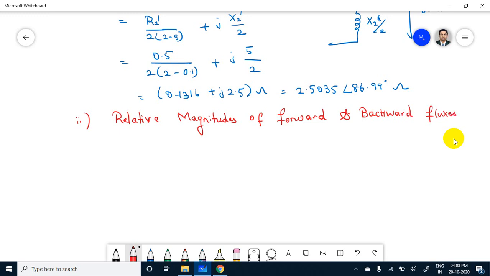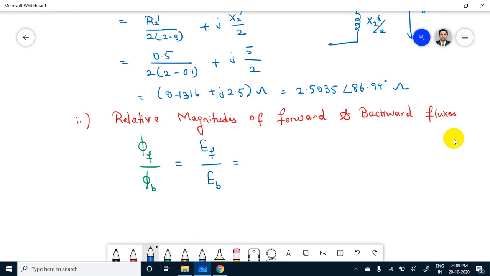The flux notation is phi f divided by phi b, which is equal to Ef by Eb.